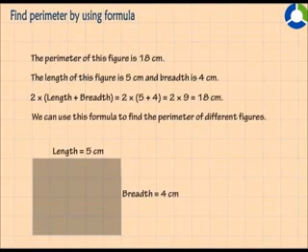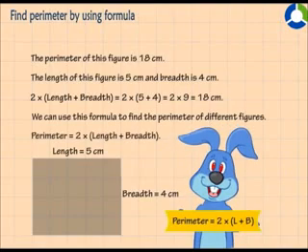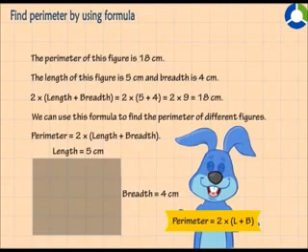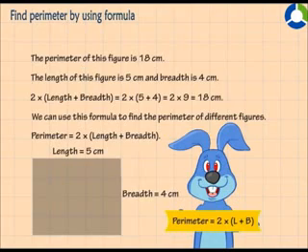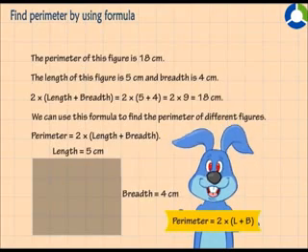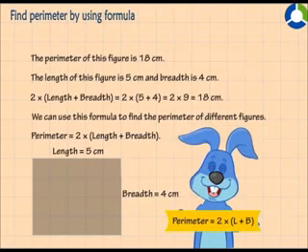Thus, we can use this formula to find the perimeter of different figures. Therefore, perimeter equals 2 multiplied by (length plus breadth), equal to 2 multiplied by (L plus B).